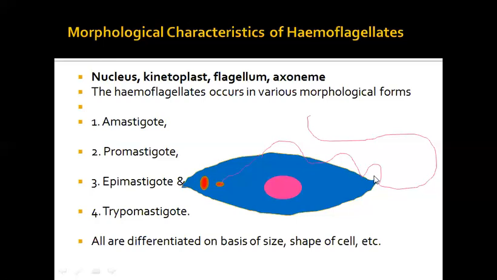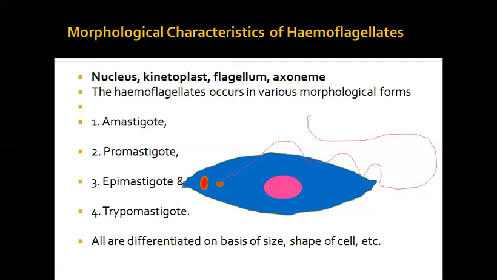The flagellum is a thin hair-like structure which originates from the blepharoblast. The portion of the flagellum which is inside the body of the parasite is called the axoneme. And from the axoneme arises the free flagellum which is outside the body of the parasite.